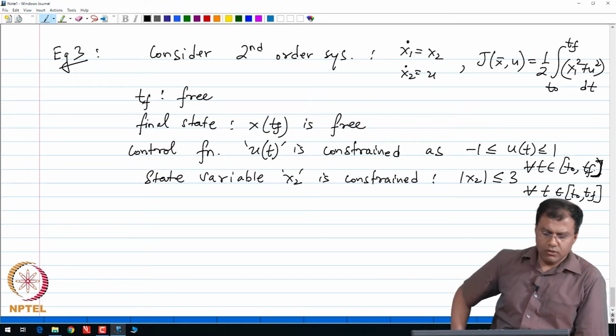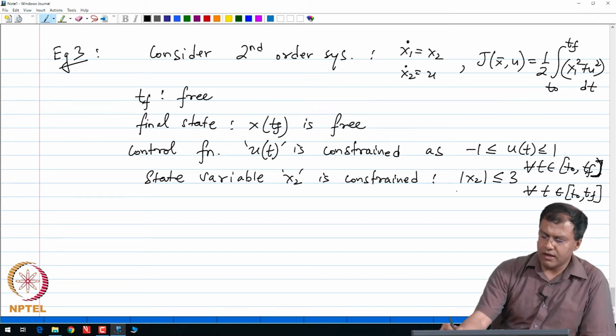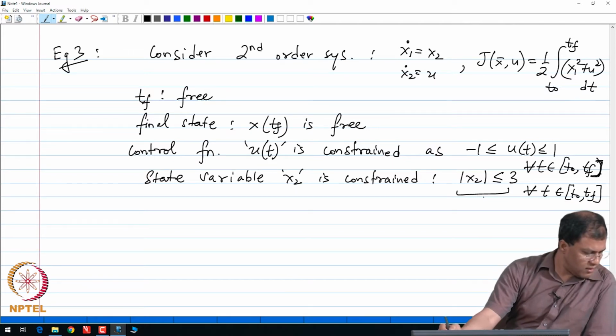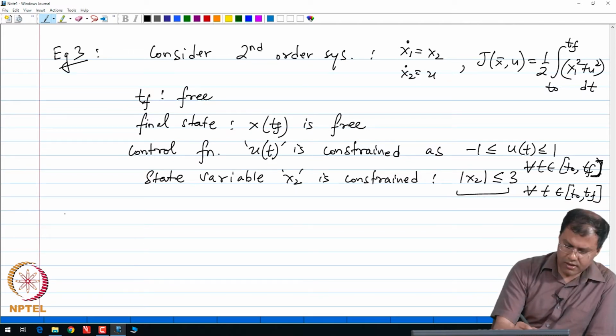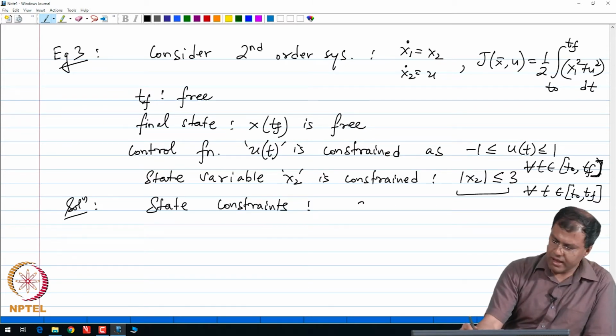Okay. So, now what we have is this absolute value can be changed into two inequality constraints. Notice that my state constraints are as follows. I have x 2 plus 3.